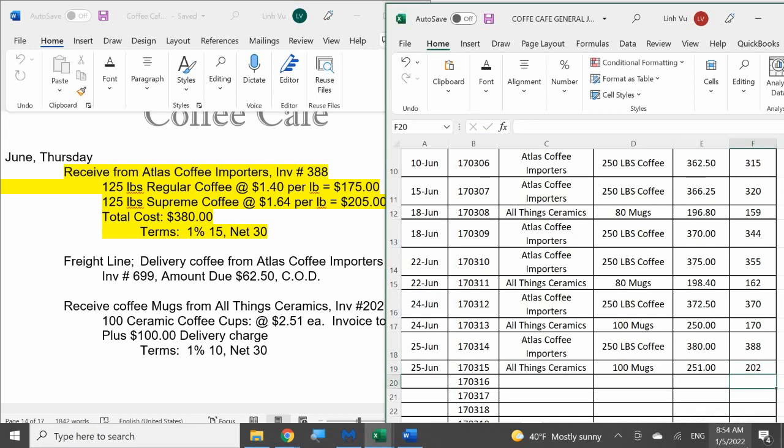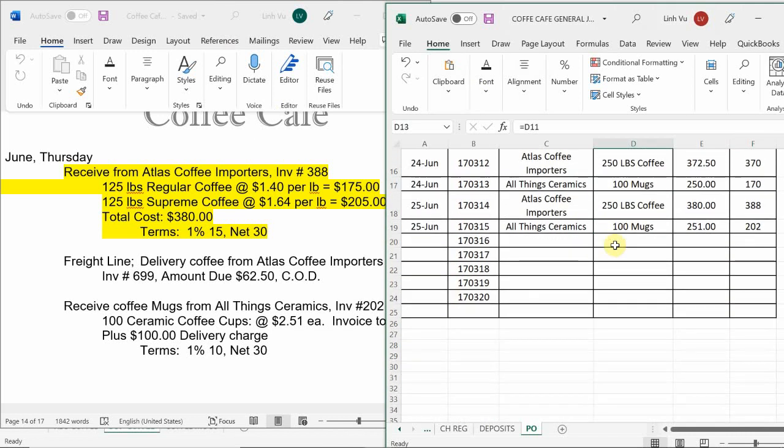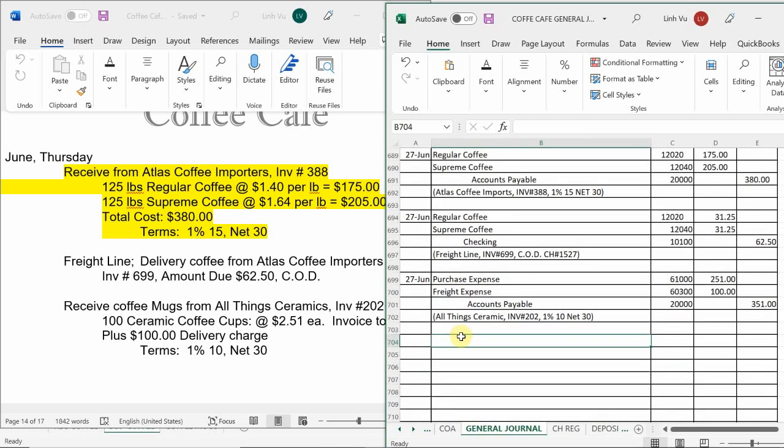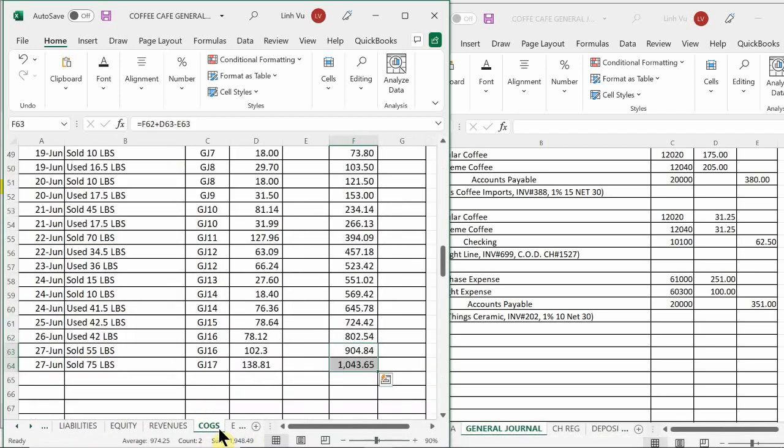All right, we received the coffee, 100 coffee mugs at $251 with invoice number 202. So we just did a purchase expense.